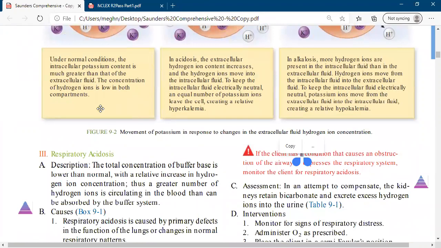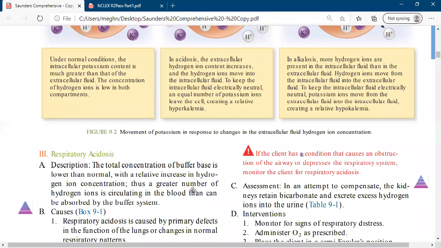Just to make an easy definition: in respiratory acidosis, the total concentration of buffer base is lower than normal, with a relative increase in hydrogen ion concentration.